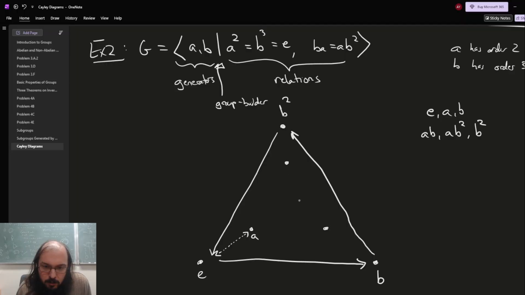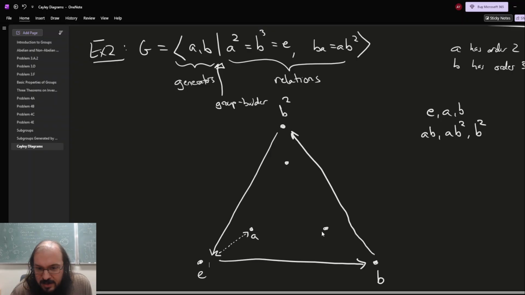Now I have to figure out what to put on these so that this diagram works out as cleanly as possible. For that, probably the thing to do is to multiply b by a and then place its a arrow over here. If I multiply b by a, we have in our rules that this is equal to ab squared.